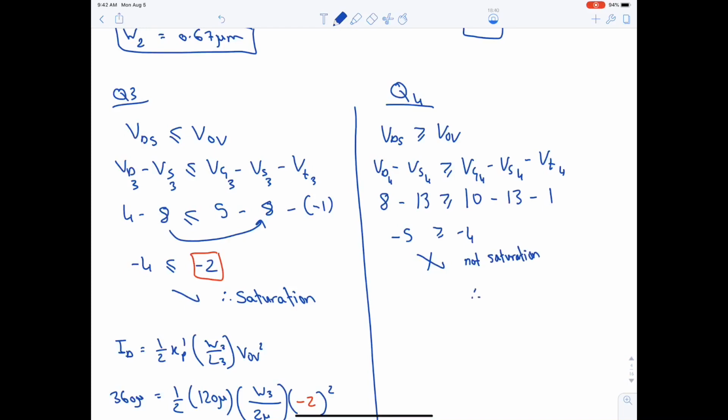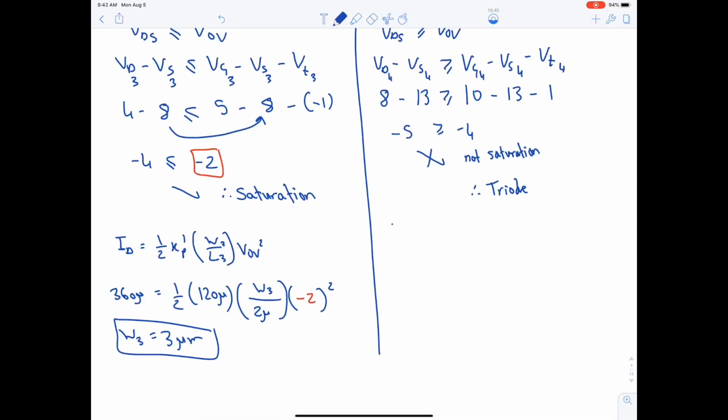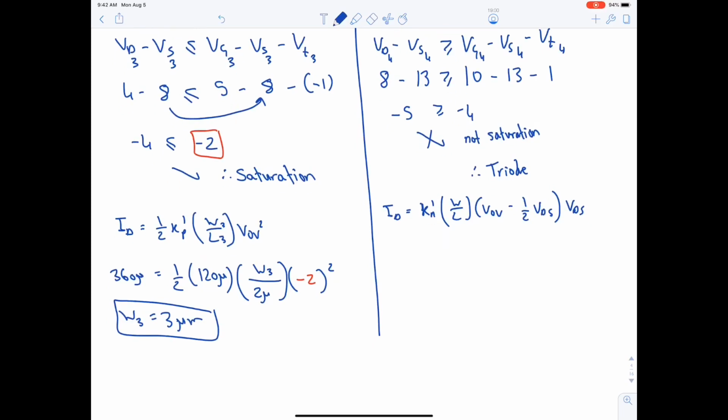Therefore, triode. So the answer is triode here. So we have to find W now. ID is equal to Kn prime W over L, VOV minus half VDS, multiplied by VDS. Okay, ID is 360 micro. Kn prime is 240 micro. W4 is unknown.